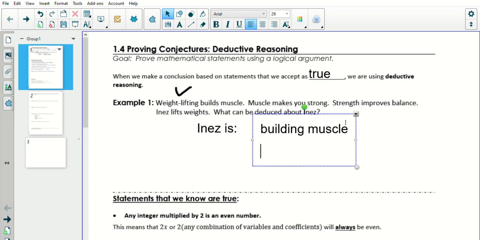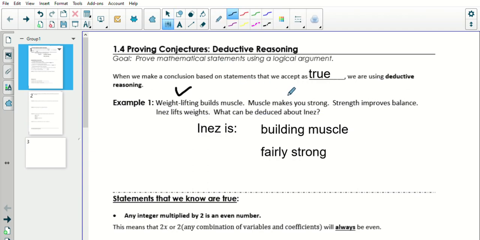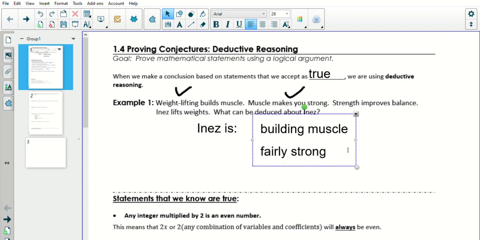What else is true? Well, we find that probably Inez is fairly strong. And we can tell that because right here it says muscles make you strong. And if Inez is building muscles, I can assume that she's probably going to be fairly strong. And lastly, we can kind of prove that she's probably going to have good balance.